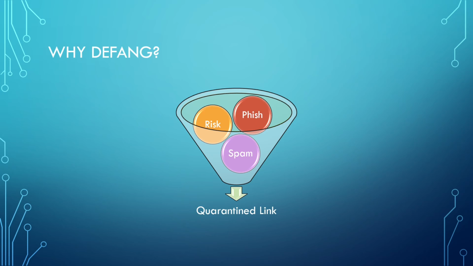Maybe they think, "This is a little bit fishy," so they copy the link and send it to a friend and say, "Can you look at this and tell me if it's fishy?" By doing that, you're risking infection across multiple users.